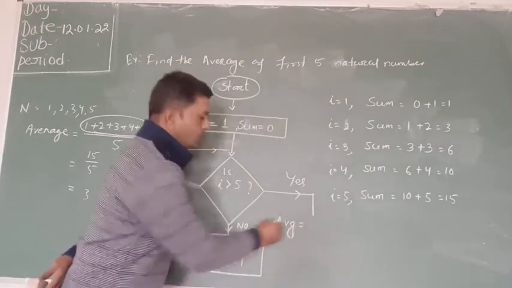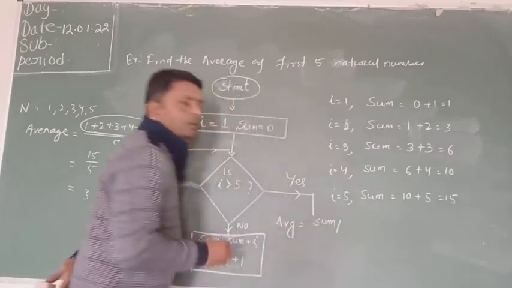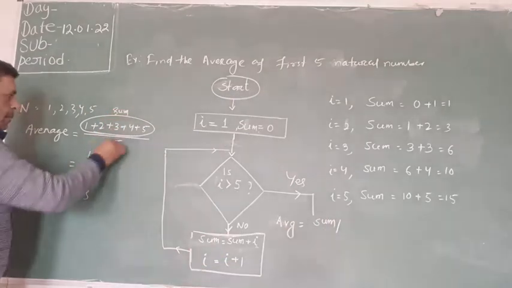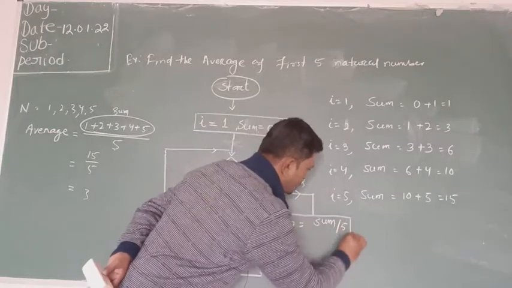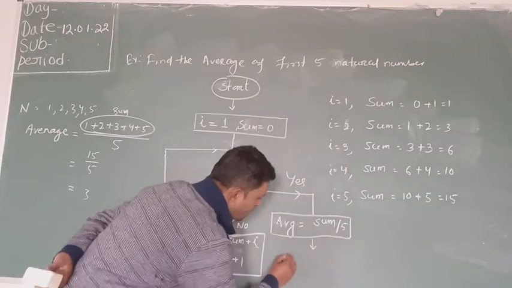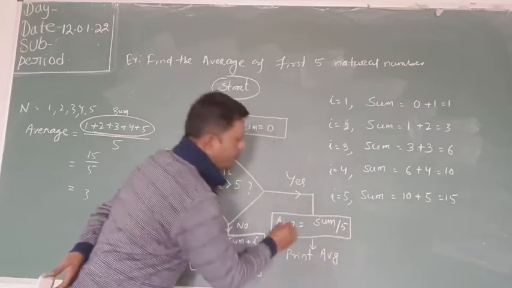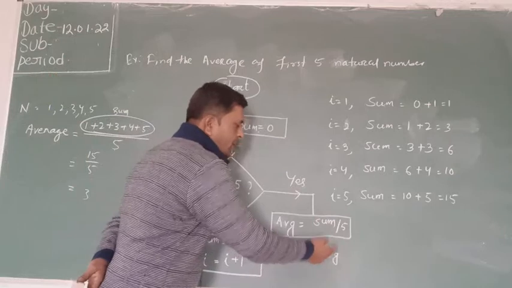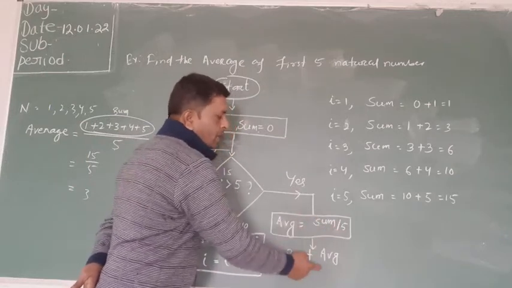AVG is equal to sum by 5, this is the formula, sum by 5, and this is stored in a processing box, and after that it will print. The average is stored in AVG. So when we print AVG here, whatever value is stored, that result will be printed here.